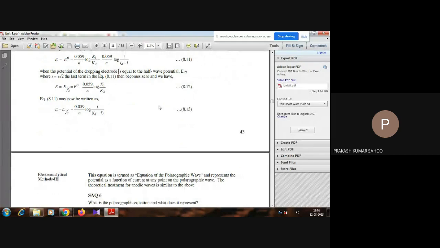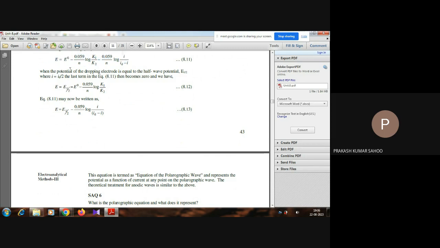So now equation 8.11 can be written as E equals E half minus 0.0591 by n log I by (ID minus I), because in 8.11 we replaced the E0 minus 0.0591 by n log K1 by K2 part by E half.